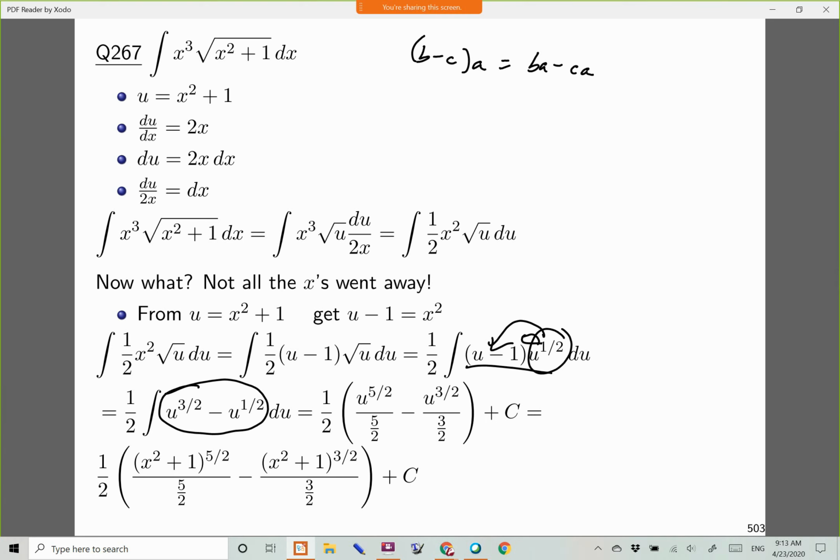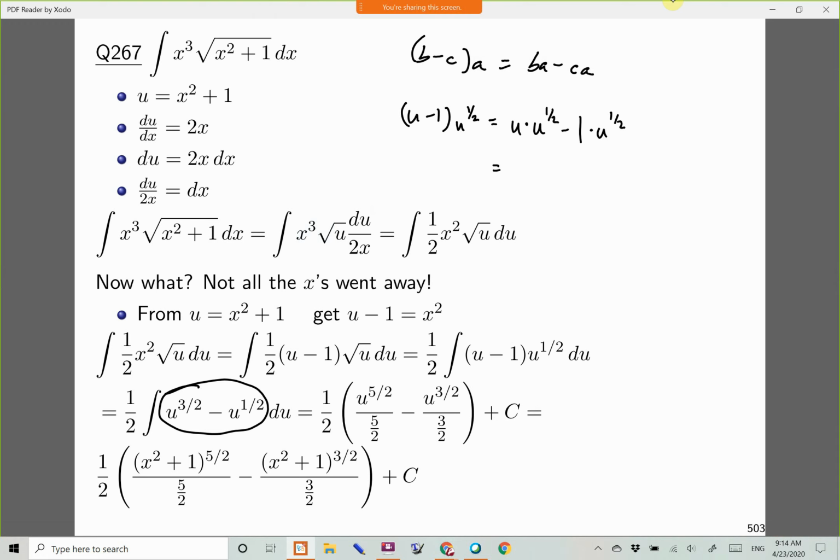In this case, the b would be like the u, so u minus 1 times u to the half would be u times u to the 1/2 minus 1 times u to the 1/2.